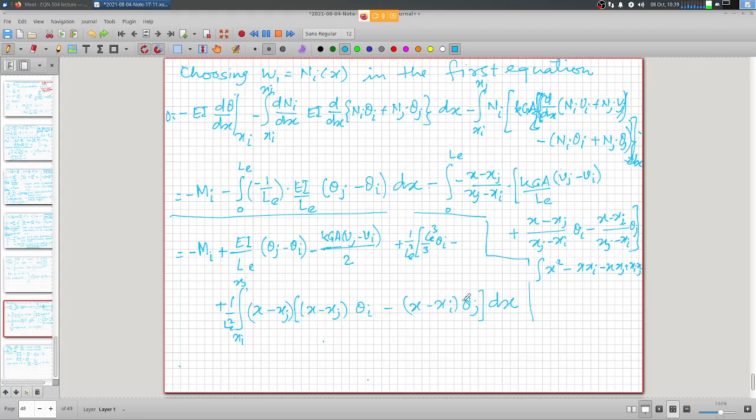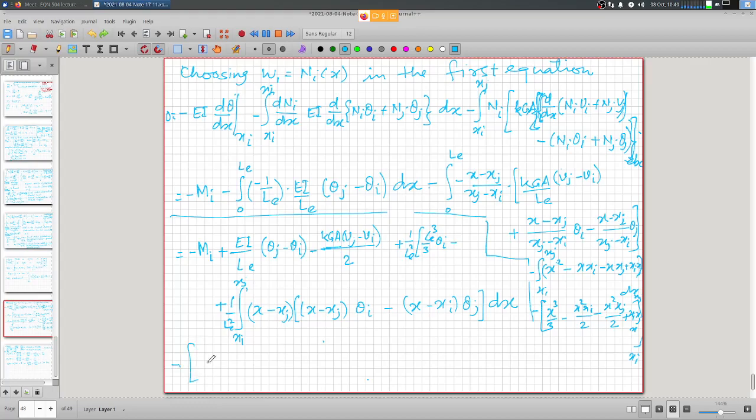And there is negative ahead of this, dx xi to xj. So what have you got here? So negative sign is, of course, let it be: x cube by 3 minus x square xi by 2 minus x square xj by 2 plus xi xj x, and this needs to be evaluated in the limits xi to xj.